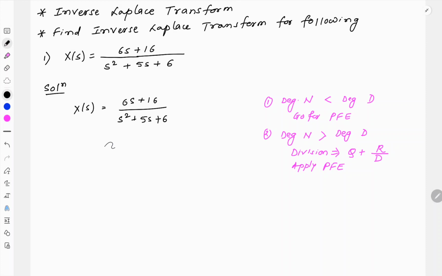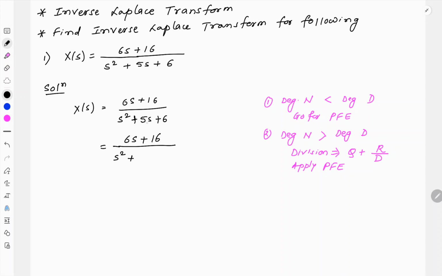To apply partial fraction expansion, we must first find the roots of the denominator polynomial. There are various ways to find the roots of a denominator polynomial. It is a quadratic polynomial, so the numerator is as it is, 6s plus 16, divided by, the simplest way is to keep the first term as it is, plus, now split the second term, which is 5s, in such a way that the addition of these terms is 5 and the multiplication is 6.